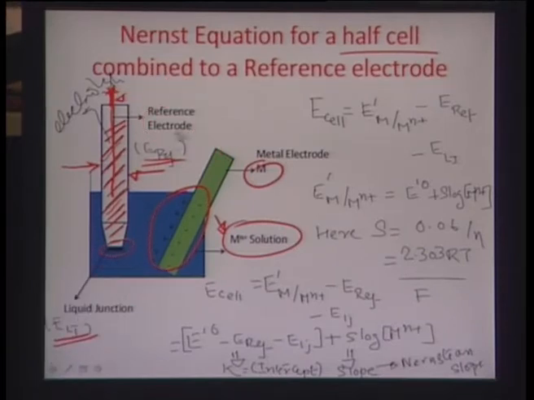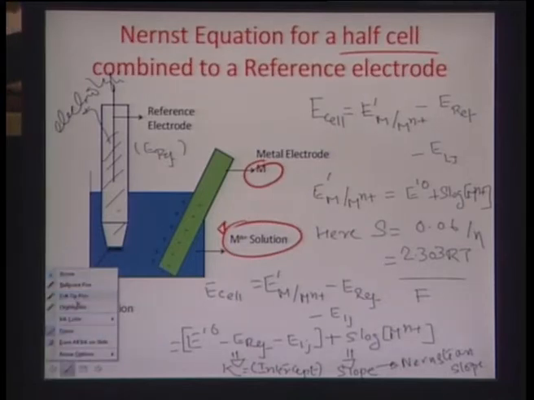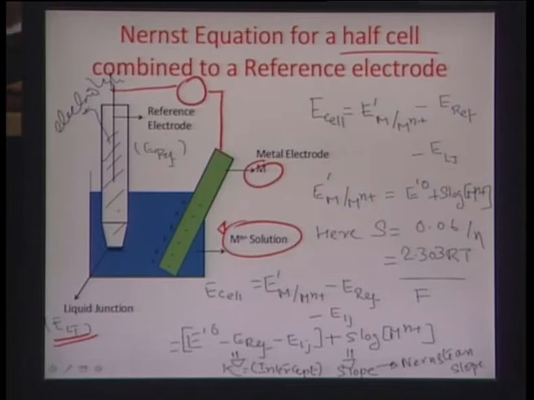So, let us say we are just trying to connect these two electrodes externally using a voltage measuring device. In that case the E cell in this particular configuration can be written down as the E dash of the metal to metallic ion conversion, M to M n plus conversion.